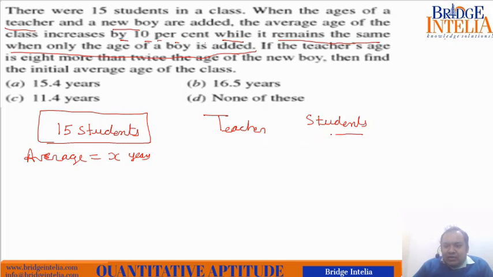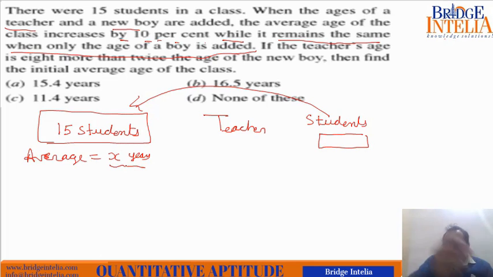That means if only this boy joins and not the teacher, the average remains the same. So if the average is not disturbed when this student joins the group, his age must be exactly equal to the average.